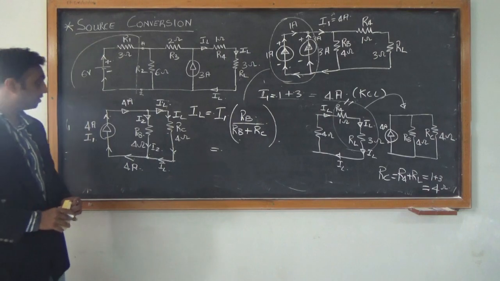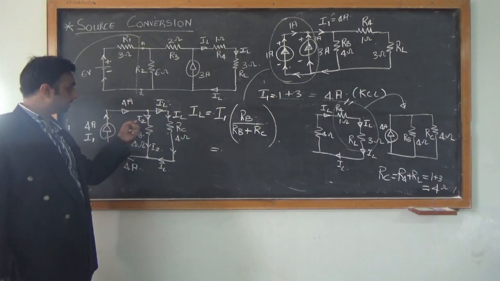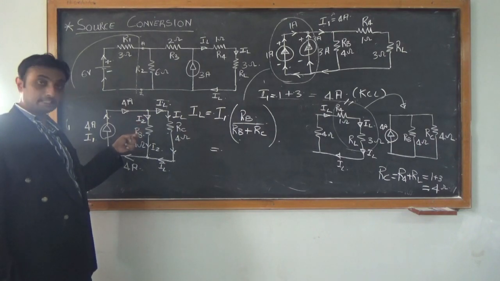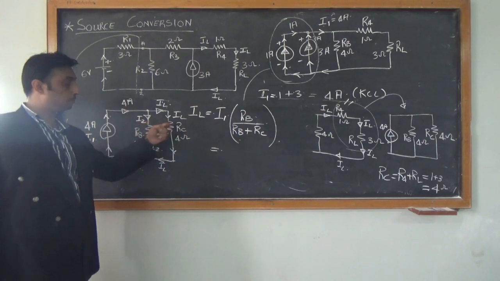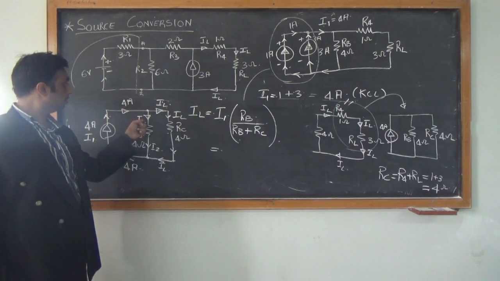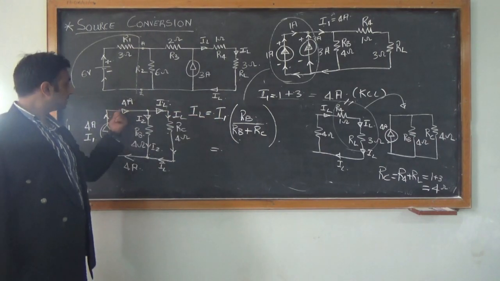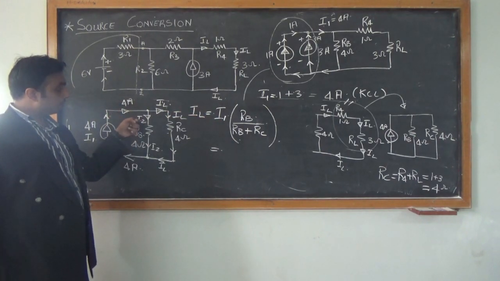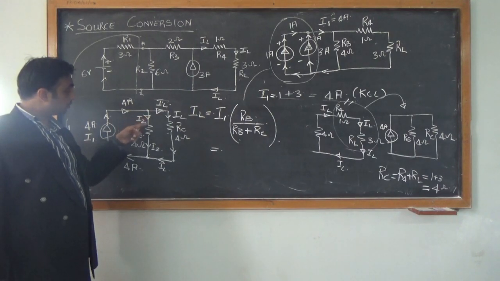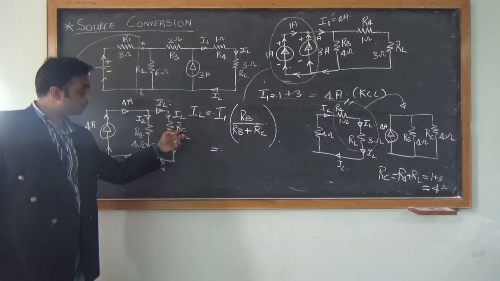In the same way, if you want to find out the value of I2 using current divider theorem, I2 is pertaining to which resistor? RB. So you have to take the opposite resistor. So I2 will be equal to the main current, which is the same as you have for IL, which is I1, into the opposite resistor. I2 is representing RB, so it will be into the opposite resistor.